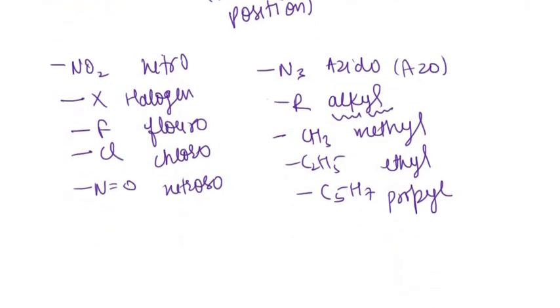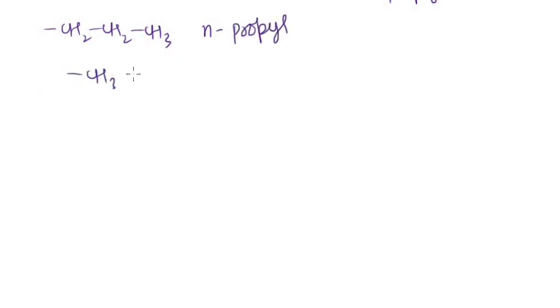Now if we talk about more substituents, the ones which are side chains. If we have this functional group CH3, CH2, CH2, we call it a normal propyl group. If we have CH3, CH, CH3, here it is CH.